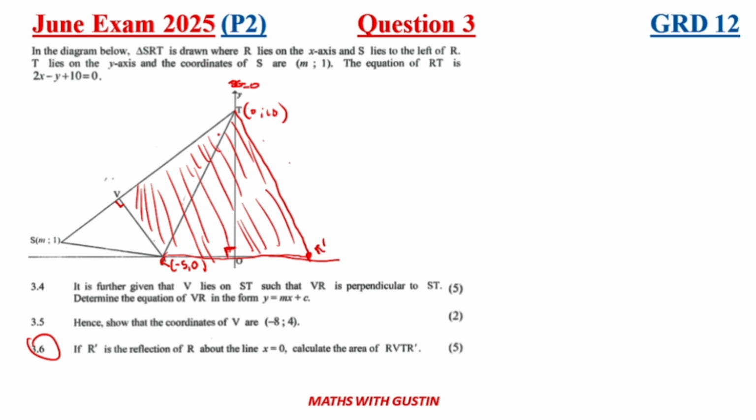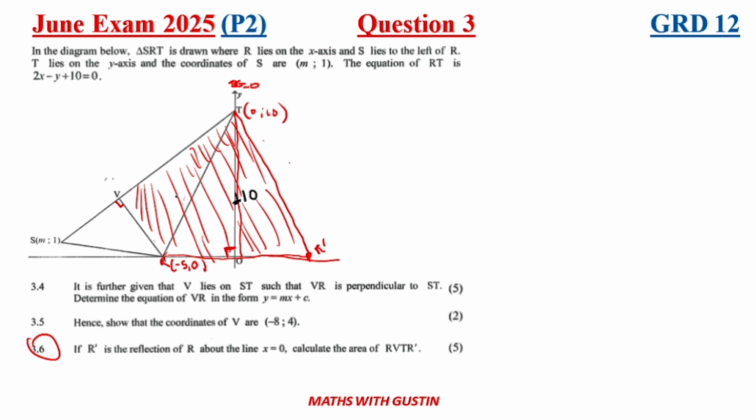If you look at this area, you can see that you've got this perpendicular height here, which we know by now is what? It is 10 here. We know we've got this perpendicular height, which is what? 10, right?